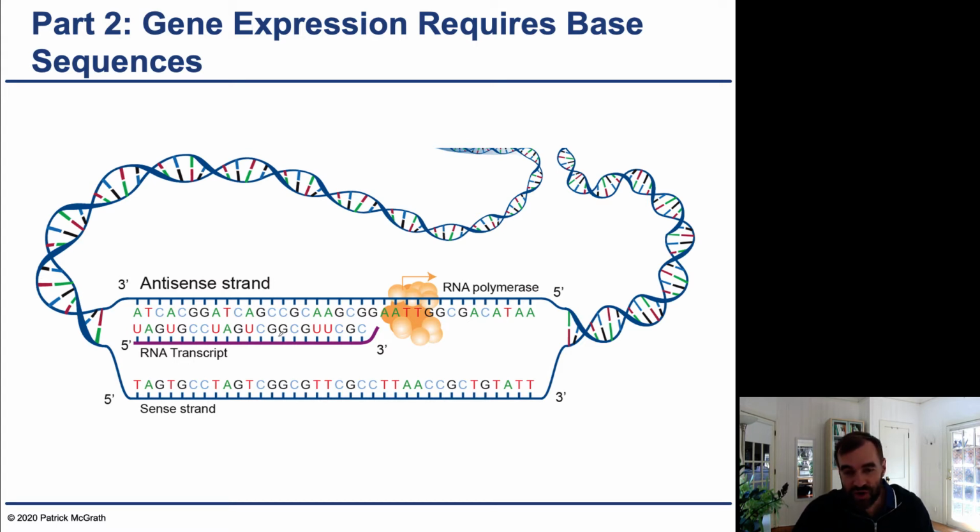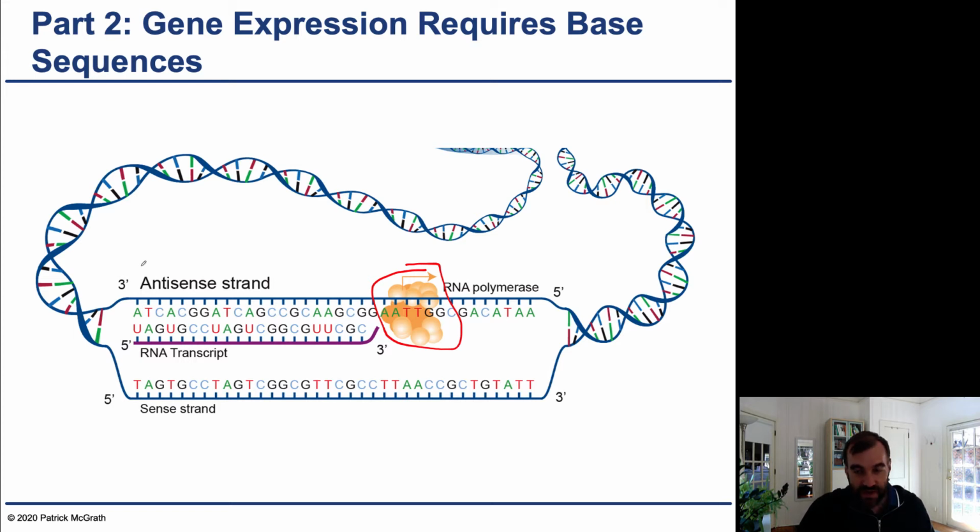But for transcription, you're only trying to do one of the strands, so you only have a single RNA polymerase molecule. It is built of multiple subunits, but it is a single super molecule. This has to be binding to one of these two strands, and it has to be reading the strand in a certain direction.